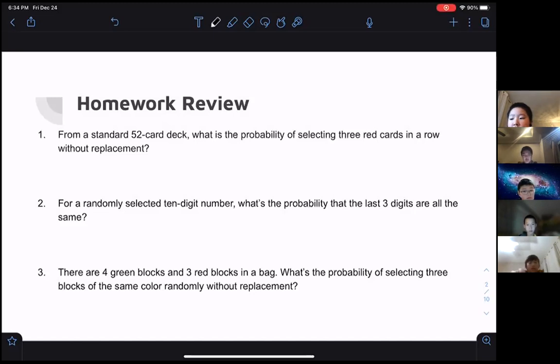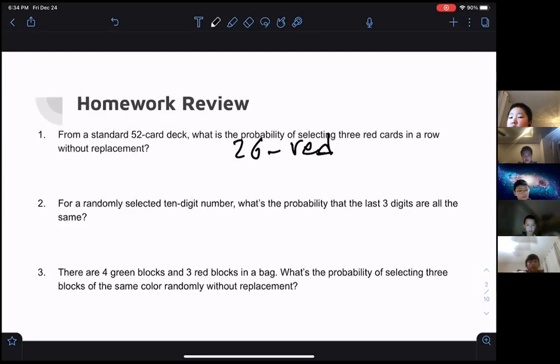All right, so if we recall, there are four suits: spades, hearts, diamonds, and clubs. 2 of those are black and 2 of those are red. And there are 13 of each, so half the cards, 26, are red initially in this deck.